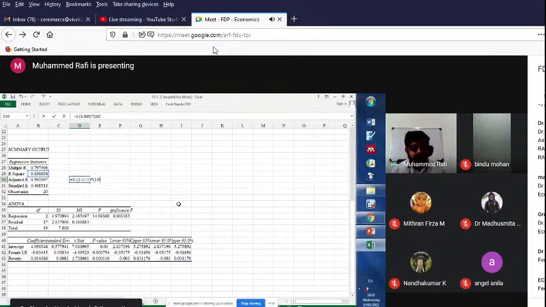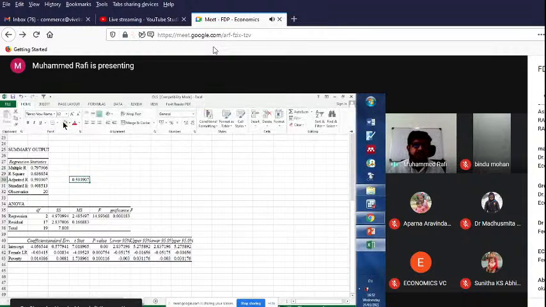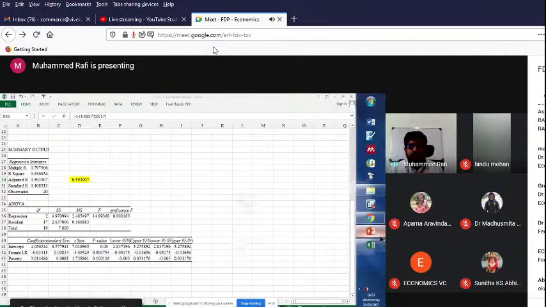K is the number of parameters, including the intercept. So here we have included two independent variables and one intercept. So n minus k is 20 minus 3, 17. Now, see, this is the adjusted R square. So you get the adjusted R square using this formula.